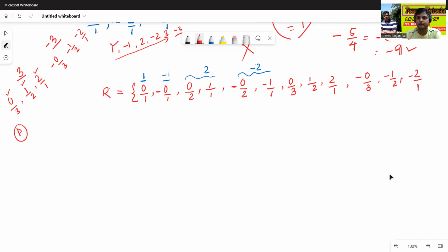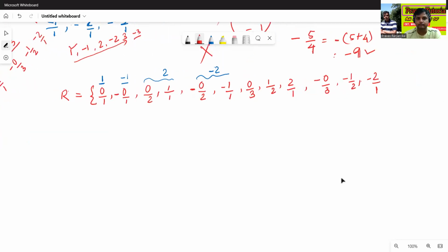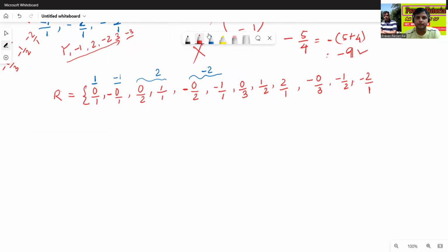So for these values the sum of p and q equals 3, and for the negatives the sum equals minus 3.